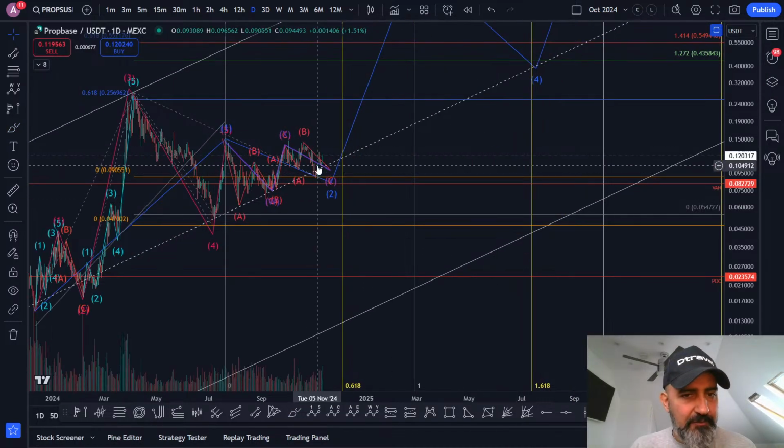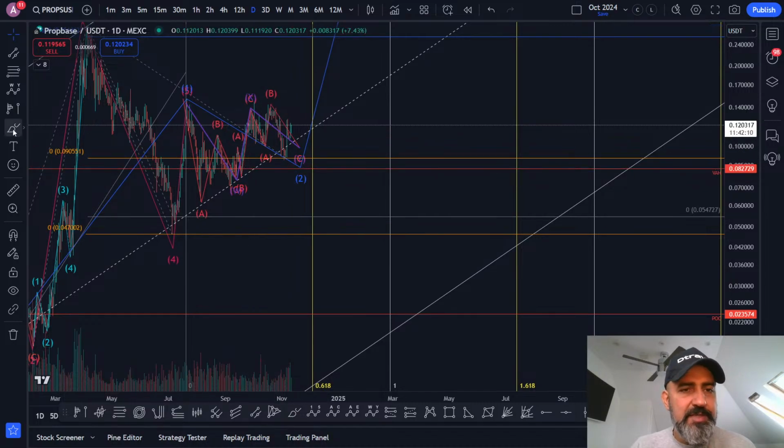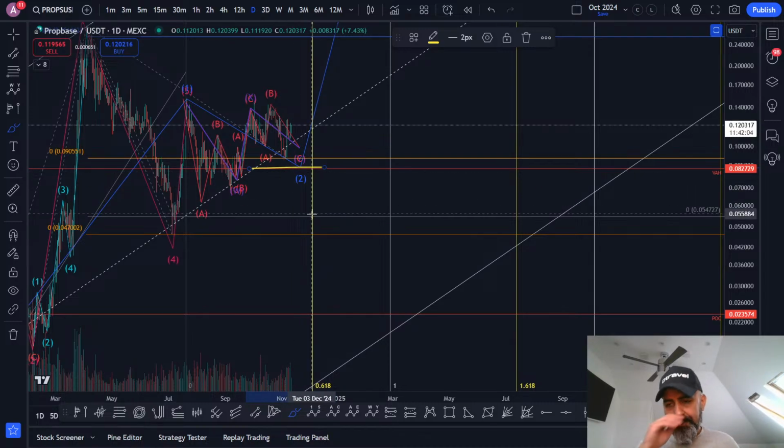So I'm not going to imagine it for now, but you lose the value area high and the point of control. If you lose this level here, then that's not great. It's not great at all, is it?